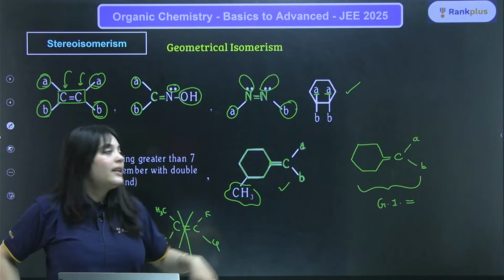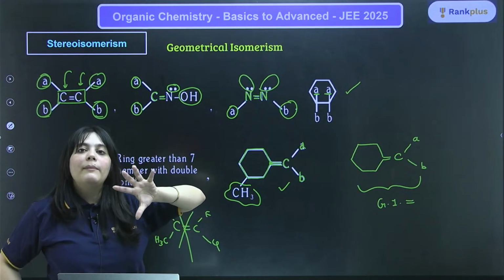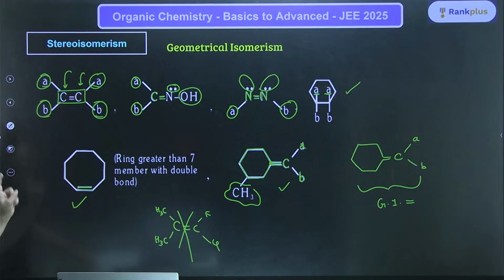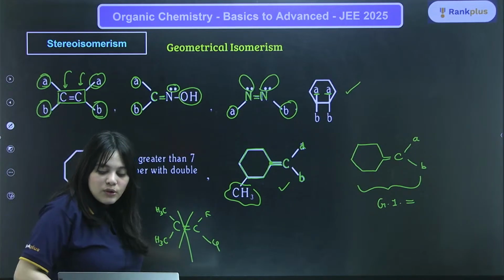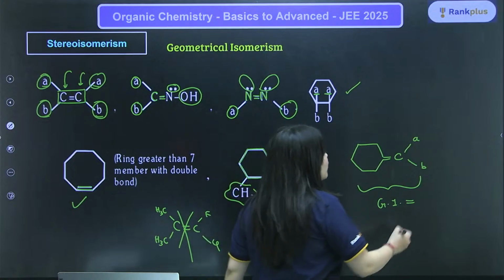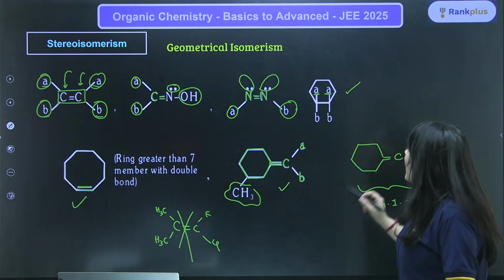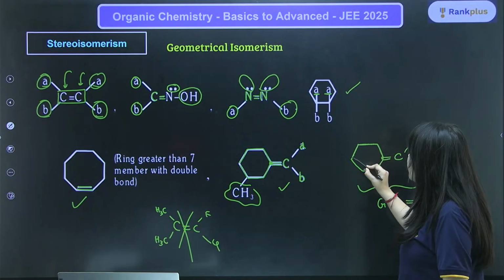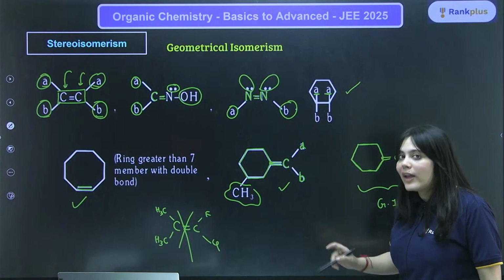I think, see, rings even smaller than 7 or 8 members are just cycloalkanes, and these are cycloalkenes. So we are comparing two different things. This will not show geometrical isomerism. Why? Because can everyone see, to this carbon a similar group is attached over here and a similar group is attached over here, no matter from where you start.